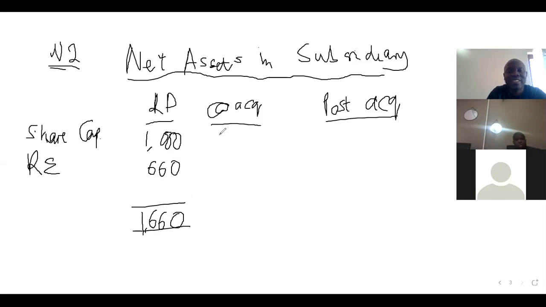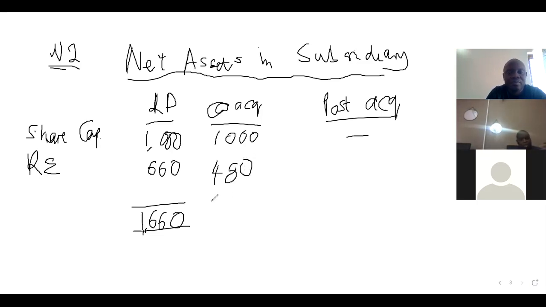Then at acquisition, this was 1,000, giving you post-acquisition nothing. Then here you had, is it 450 or 480? It was 480, right? 480, the retained earnings. Yes, it was 480.